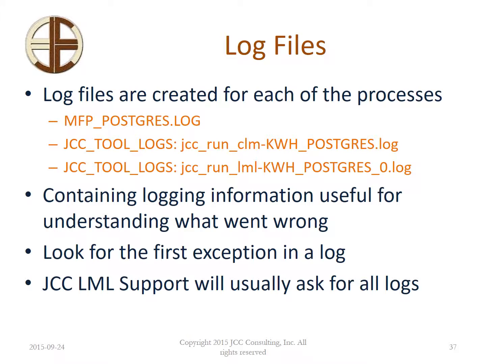What you need to do is to look at the first exception in the log, not the last. So when things start going wrong, all sorts of other messages end up being emitted. So you have to find the first one to figure out what happened first. JCC LML support will usually ask you for those logs when you email us a question.